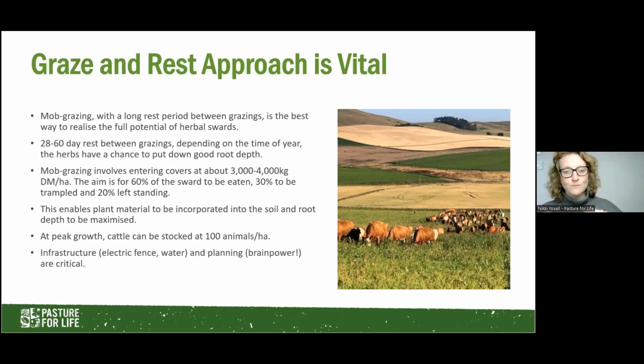Those figures are movable. It's about what's right for your system, weather conditions, all of that sort of thing. But really think about that infrastructure, that electric fence, your water, planning, thinking about where those animals are going to be, and making sure that you've put all that time and energy into your planning so that you get the best possible outcomes.